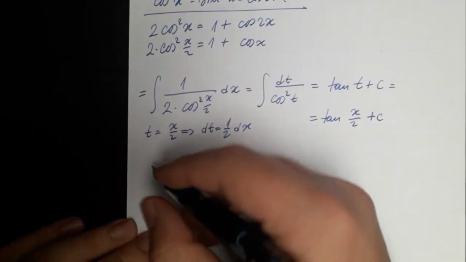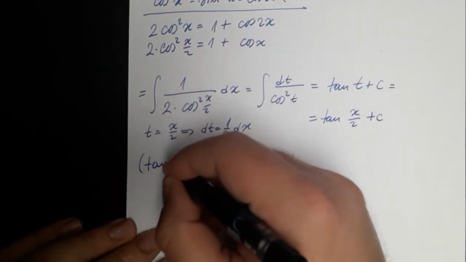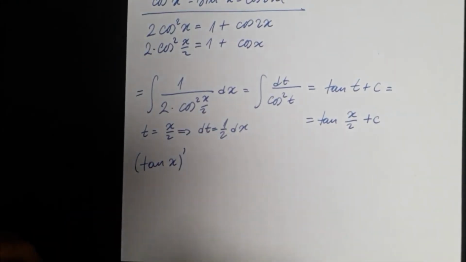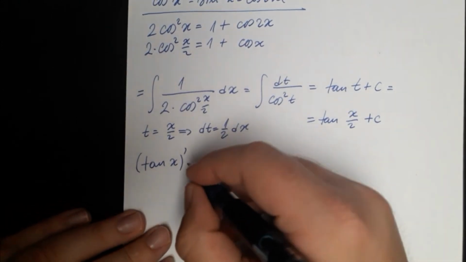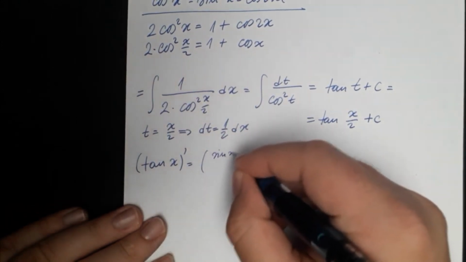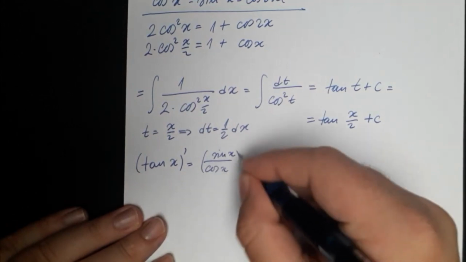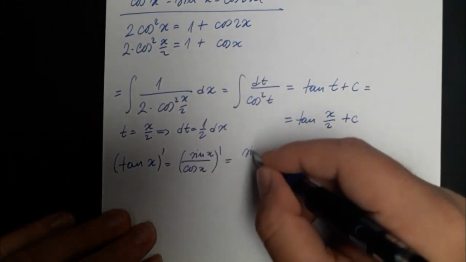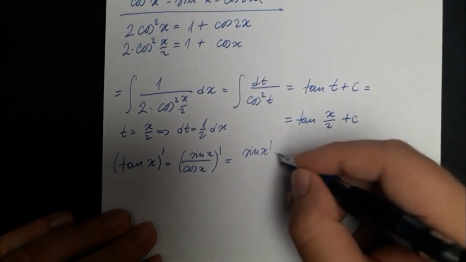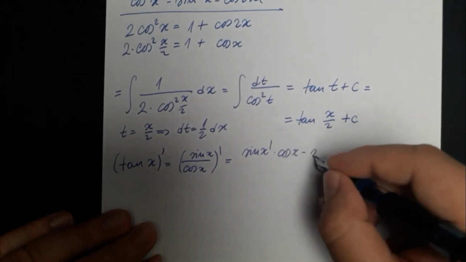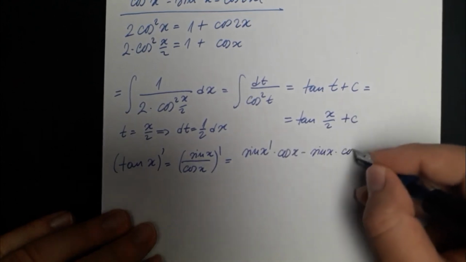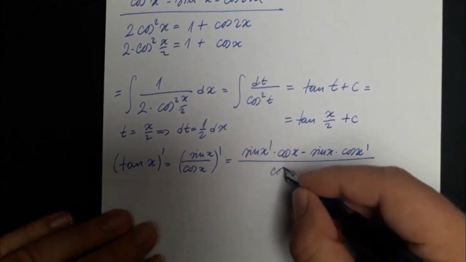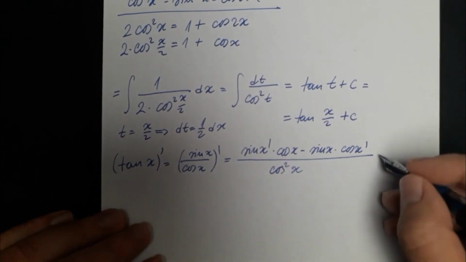Now just a little reminder. Tan x, and we're going to see what a derivative of that is. Tan of x is sine x divided by cosine of x derivative. So this is going to be sine x derivative times cosine x minus sine x times cosine x derivative divided by cosine squared x.